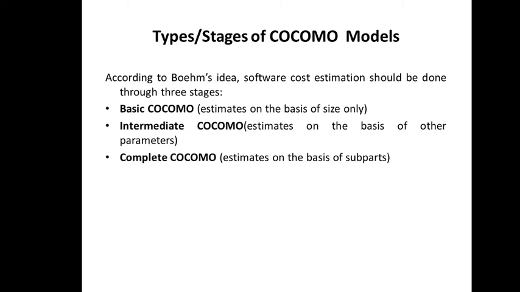Now the Cocomo model is not just one sort of estimation; we do the estimation in stages. So we call it the stages or types of Cocomo model. There are three types of Cocomo model. The first one is basic Cocomo, the second is intermediate Cocomo, and the third is complete Cocomo.